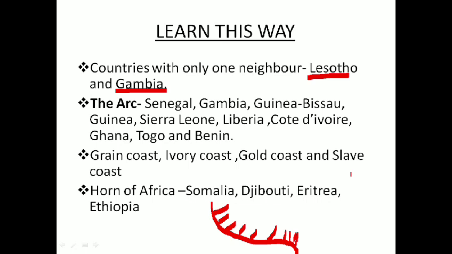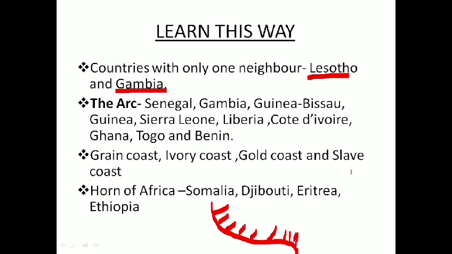We have two Congos, simply Congo and Democratic Republic of Congo. We have two Sudans, simply Sudan and South Sudan. Okay, so in this way you find countries having almost similar names.